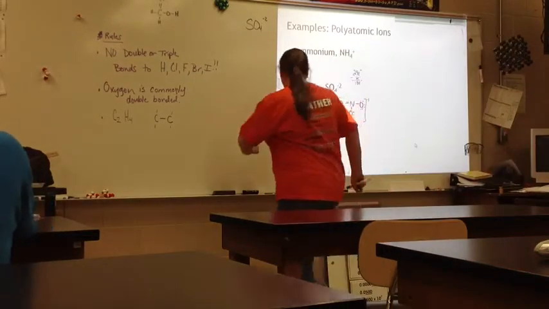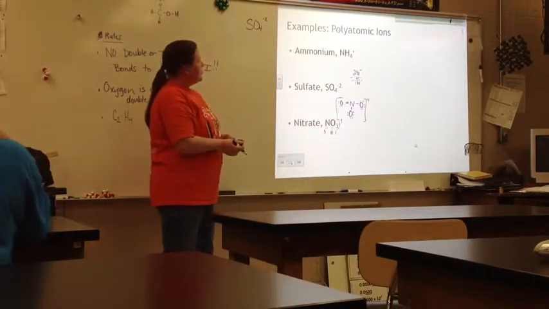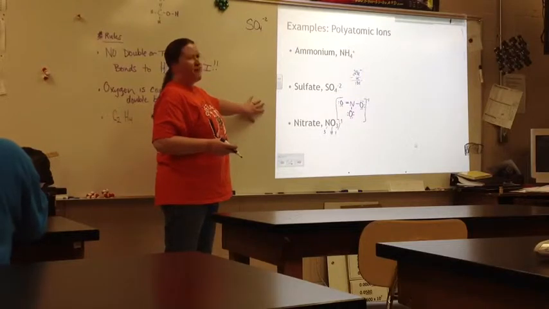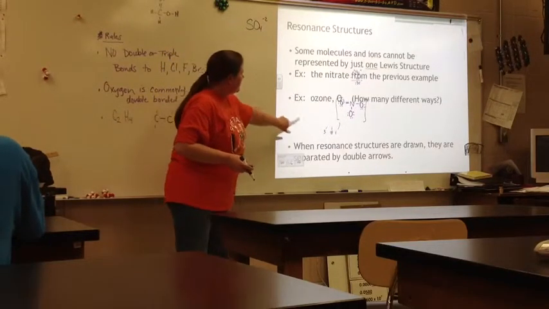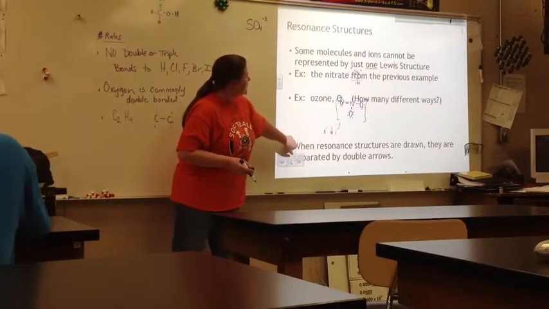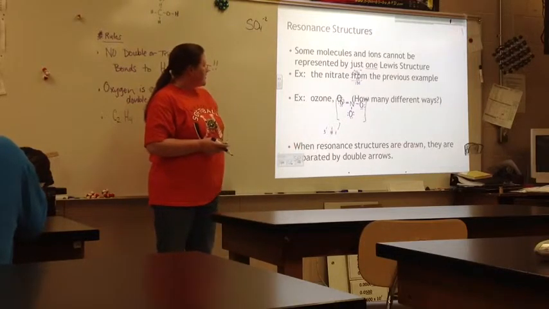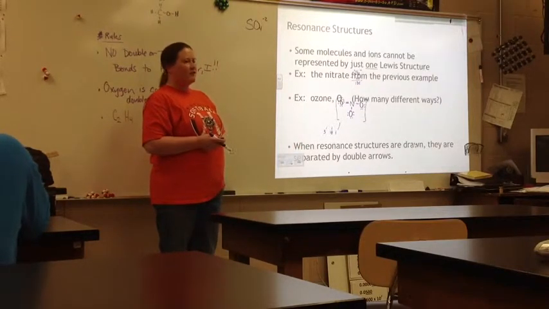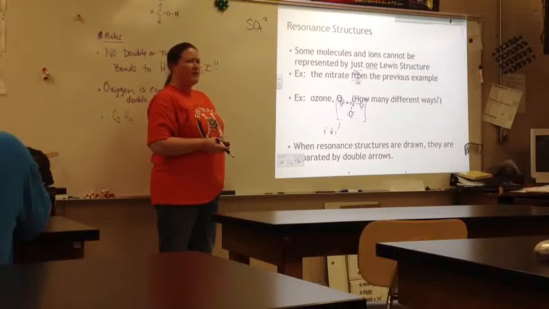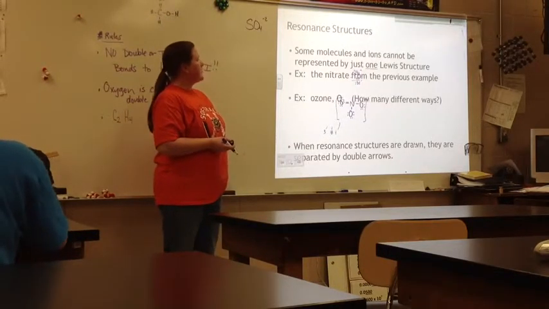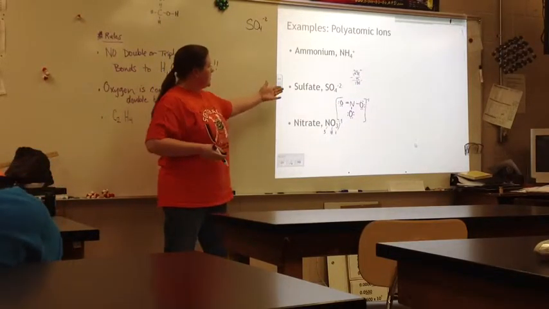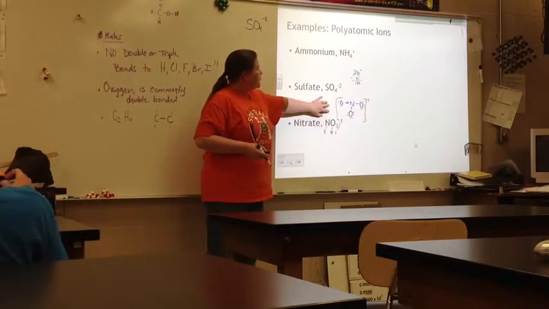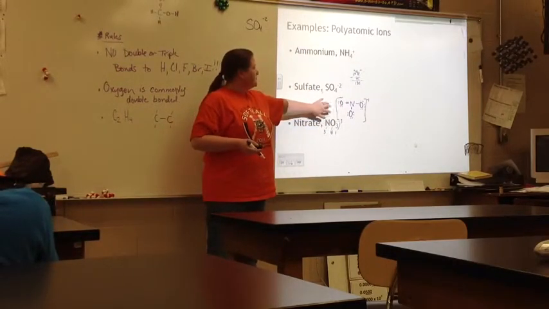Now, I'm going to leave this here. I'm going to bump to the next screen just to point something out, and then I'm going to come back. If you look on the bottom, it says when resonance structures are drawn, they are separated by double arrows. Okay? Well, I haven't even drawn any resonance structures. All I've done here is draw a Lewis structure for nitrate.